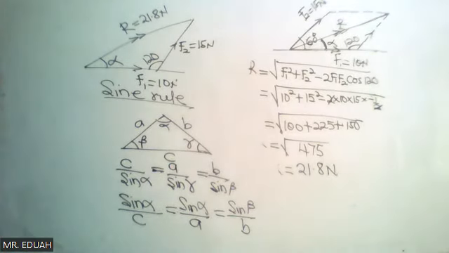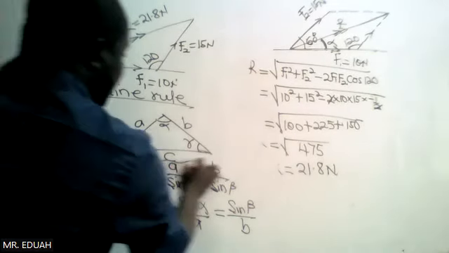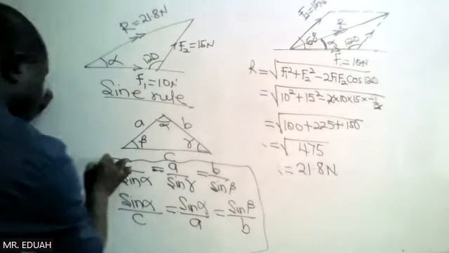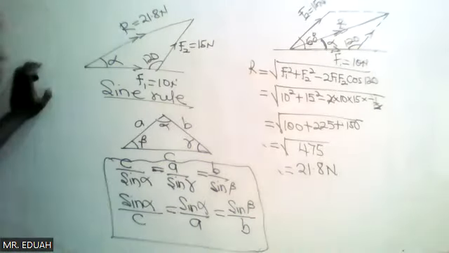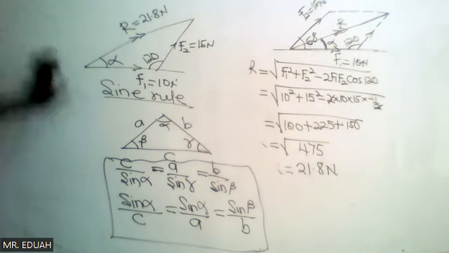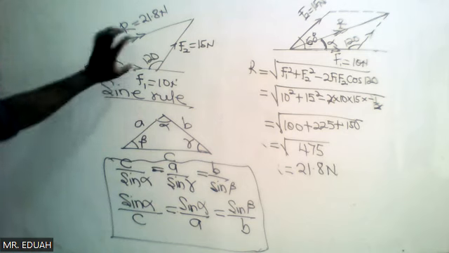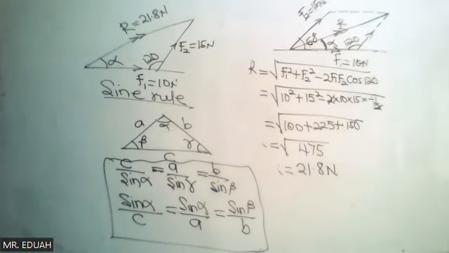So it's the other way around. And this is what we are calling the sine rule. So depending on any two available pieces of information here, you can find your angle.